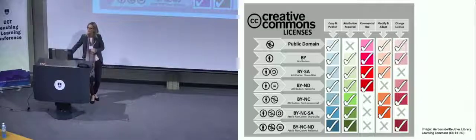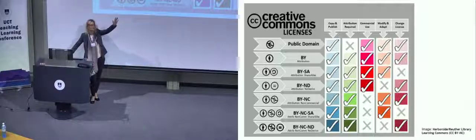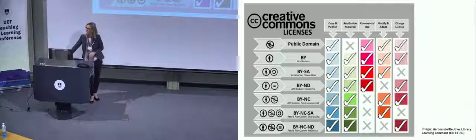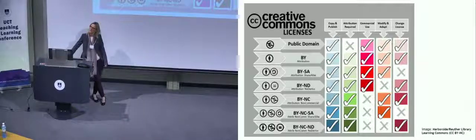So who's heard of Creative Commons licensing in the room? Just a little show of hands. Okay. Quite a few of you, that's wonderful. So what Creative Commons license allows is for the author of materials to put a Creative Commons license on their materials. The author still maintains the copyright and the attribution. However, what it does enable is it enables the users to use the materials in a particular way.